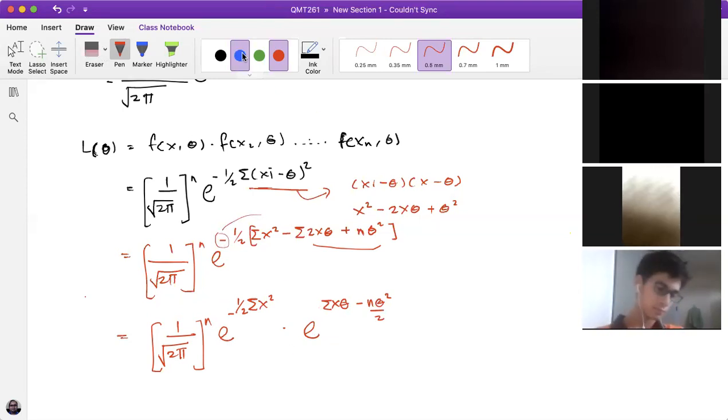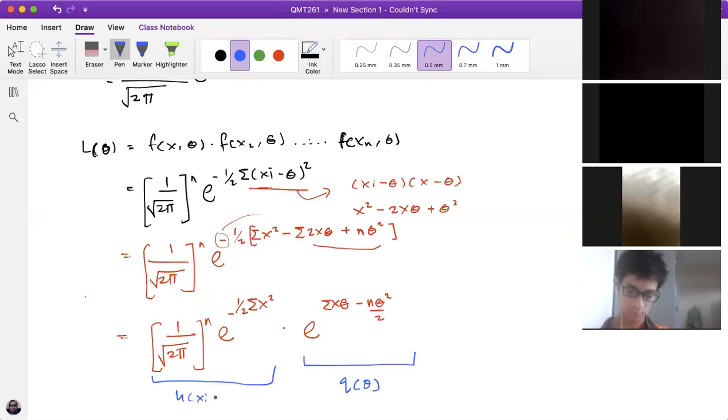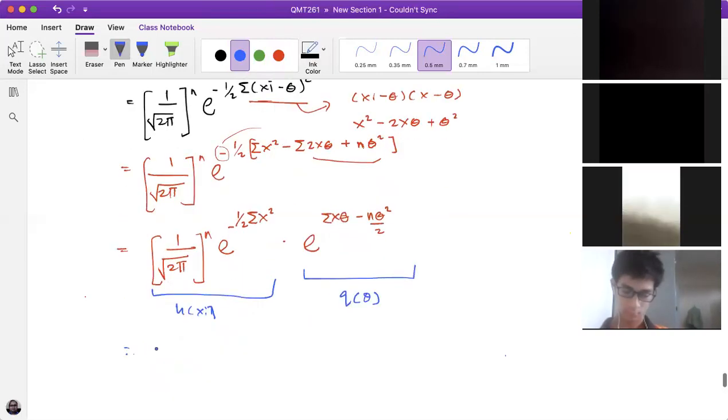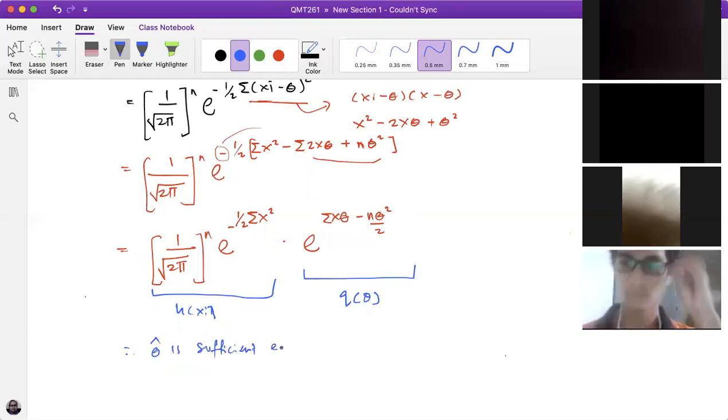This is the first part without the parameter, and this is the second part with the parameter. This is q theta, this is h xi, right? So since we can factor this likelihood function, we can say that theta hat is a sufficient estimator for theta, right? Are you okay?